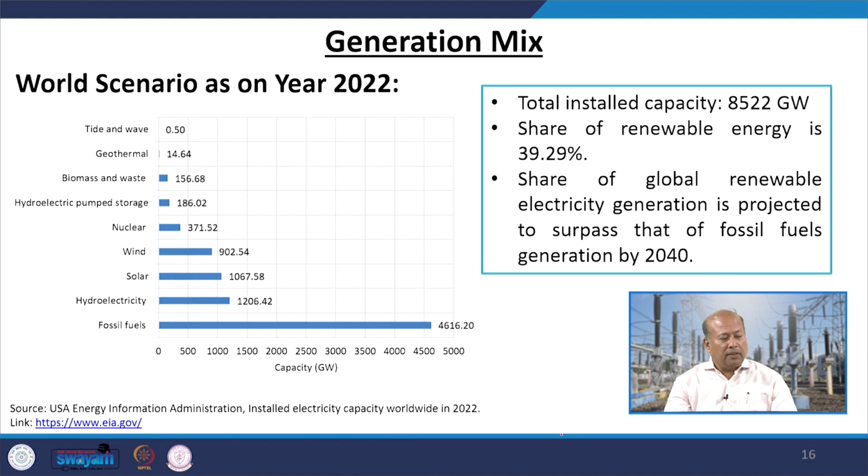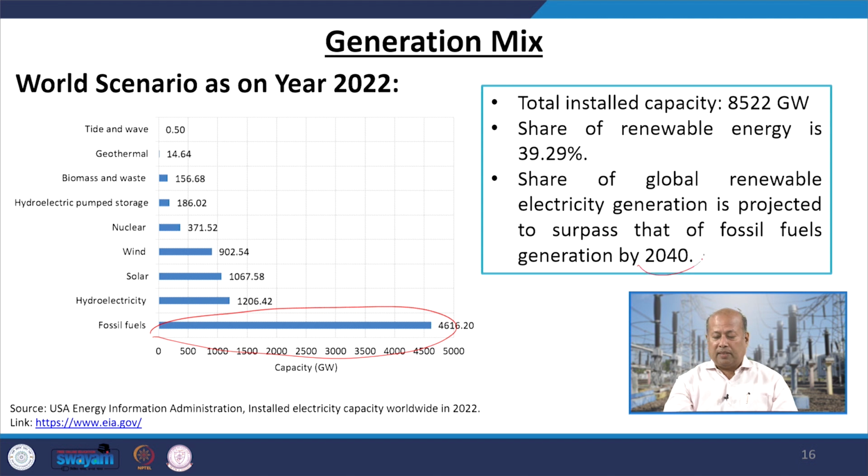And these are all the generation mix, world scenario 2022. As you could see, even today, across the world, the thermal power plant or fossil mix is significantly high. Total installed capacity across the world is close to 8,500 gigawatt, and the share of renewable energy is close to 39, that is 40%, and the share of global renewable electricity generation is projected to surpass that of fossil fuel generation by 2040.